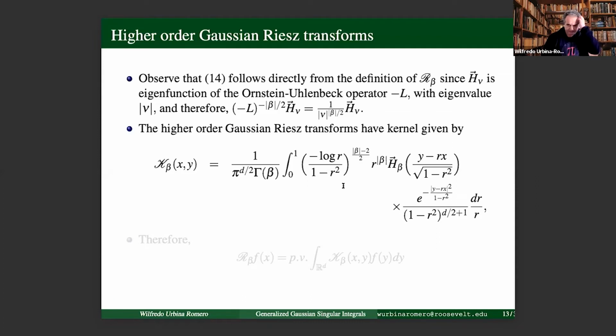Okay. And the interesting thing here is that when you are taking the derivative with respect to x, you are taking the derivative of the exponential, and here appears the Hermite polynomial.